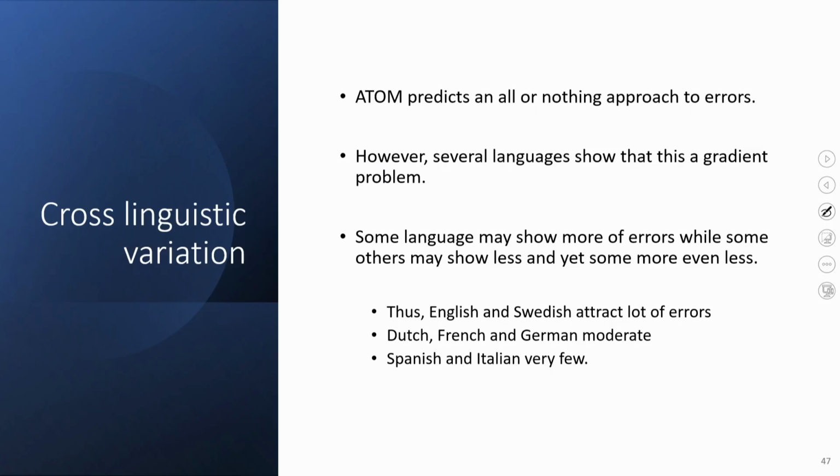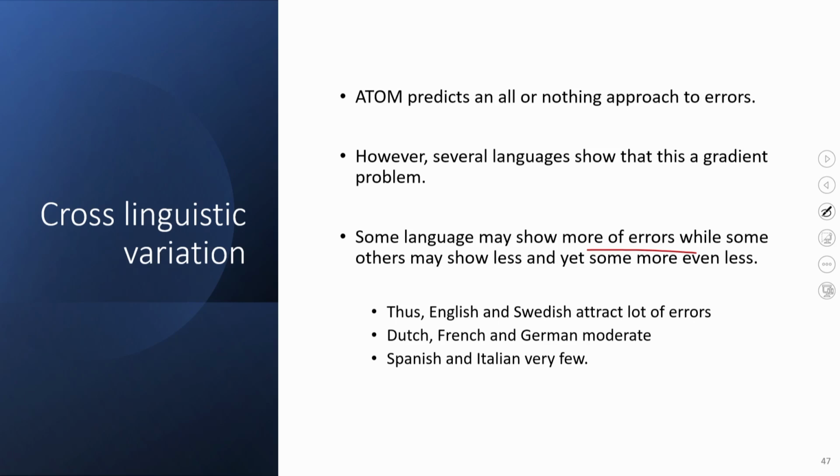Similarly, cross linguistic variation as well. Atom predicts an all or nothing sort of approach to error. If the constraints are properly in place, then you will get it right; if not, then you will not get it right. But it does not say that some languages will have more problems than other languages. So, some languages may show more errors, while others might show fewer.